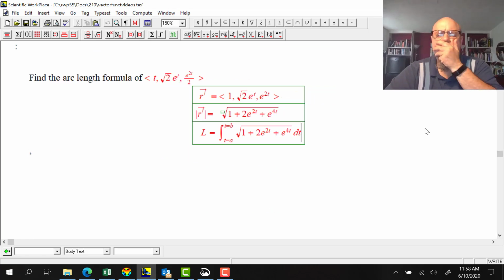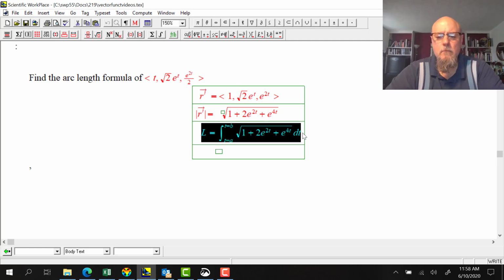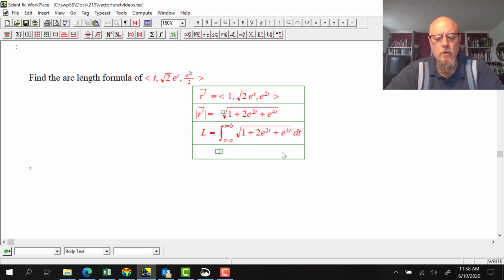Now, maybe we can do this one. Remember I said that they're doable if the thing under the square root sign is a line or a perfect square. I think I can factor that thing under this.